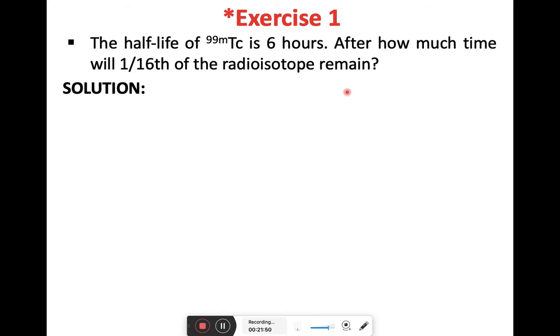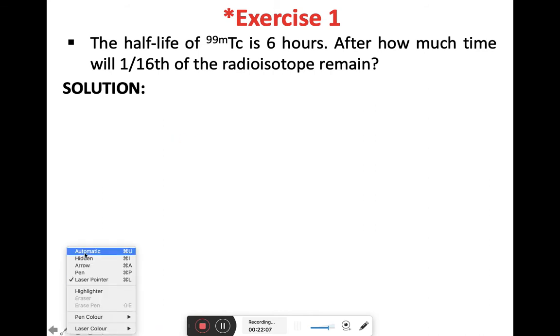How much time is needed for 1/16th of the radioisotope to remain?